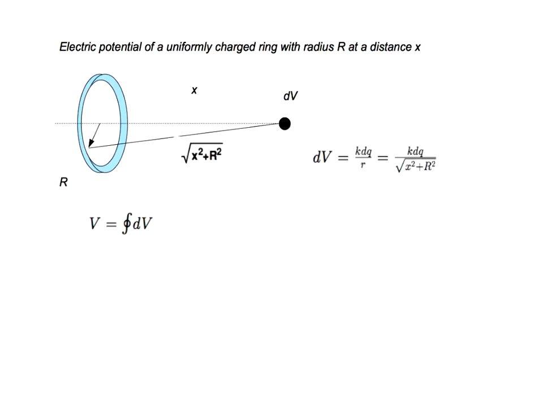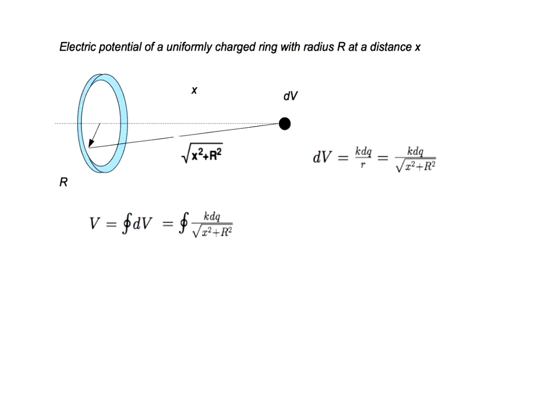The next step is to integrate, and we'll have to integrate over the ring, and that's why the circular integral symbol here. Once we write that the potential due to each individual point along the ring is equal to k dq over square root of x squared plus r squared, we notice that there's only one variable under the integral, and that's dq.